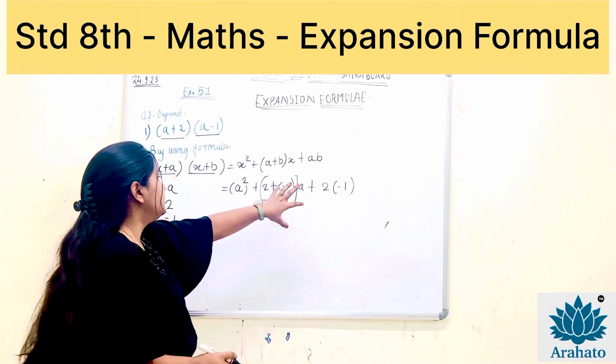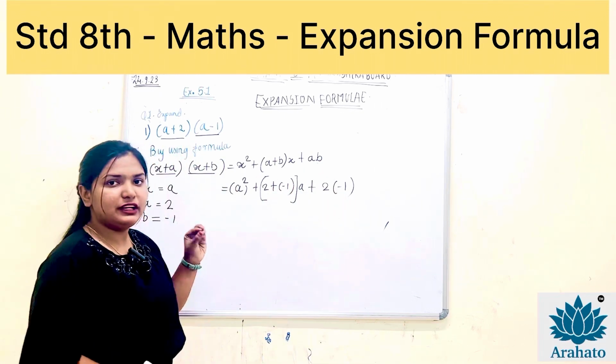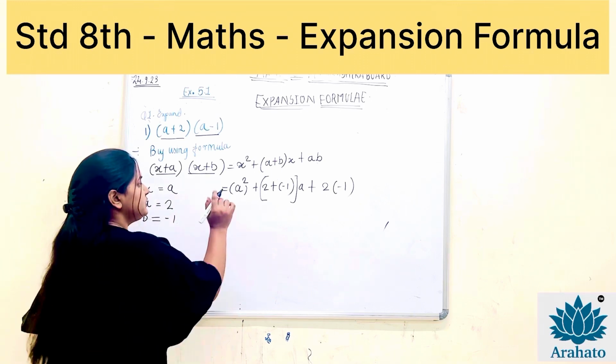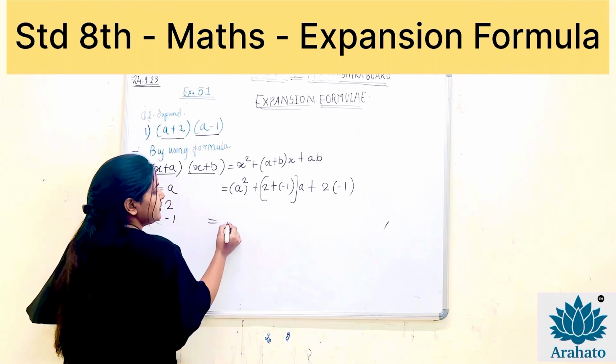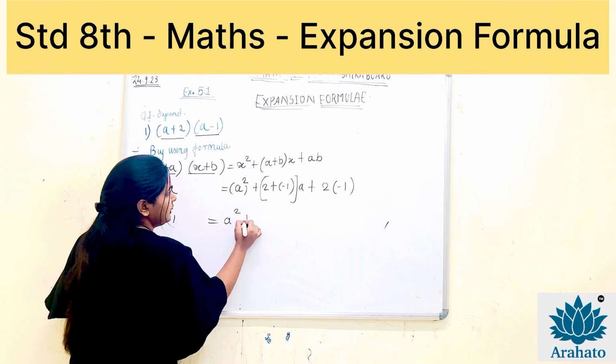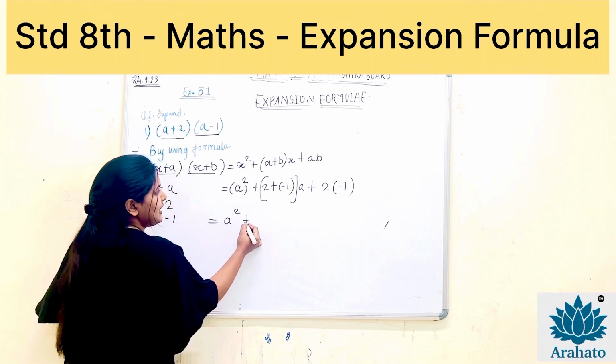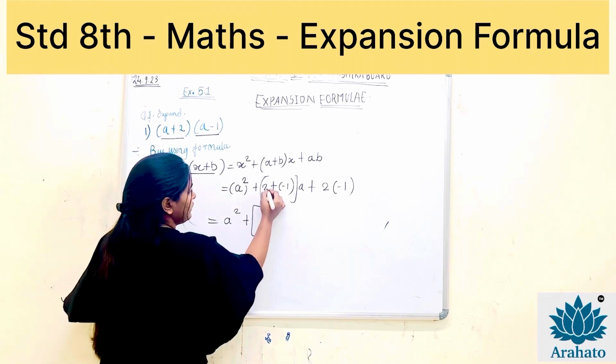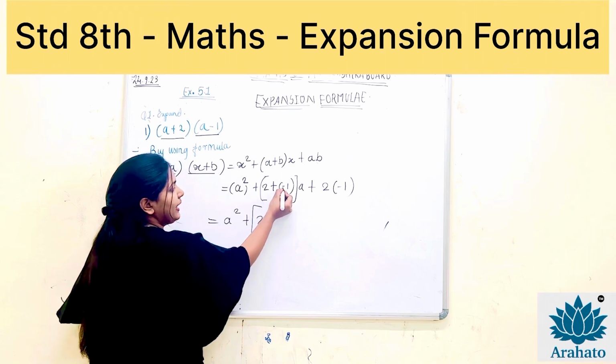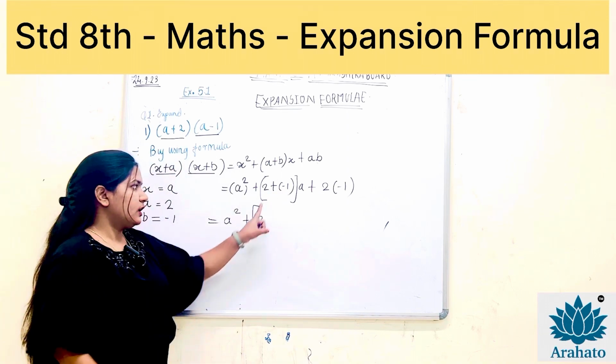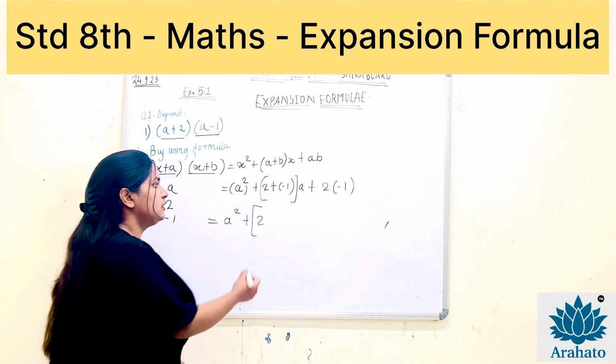So now we have put the values into the whole formula. Now just solve this. a square will be a square. Now plus will come as it is downside, 2 plus into minus, what will come?